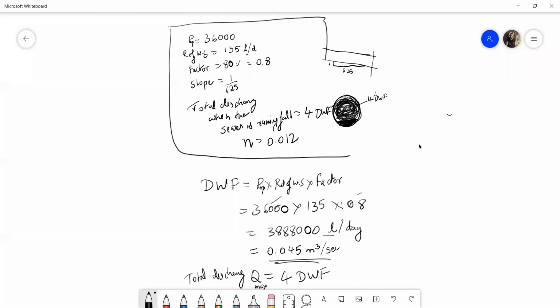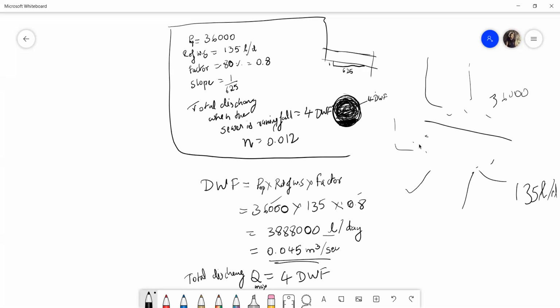So the total number of people residing in an area is 36,000. The rate of water supply at which the water is coming to each and every house is 135 liters per day. 80% of the water which is supplied will pass through the sewer line, that is a 0.8 factor.